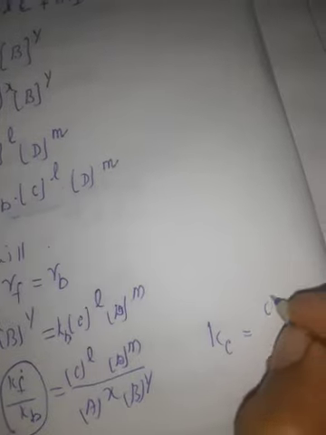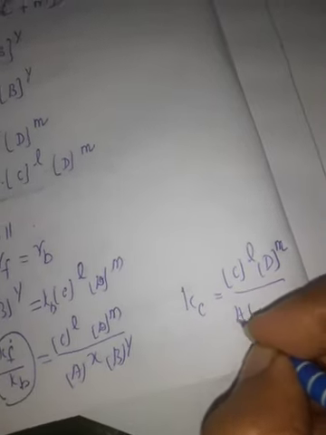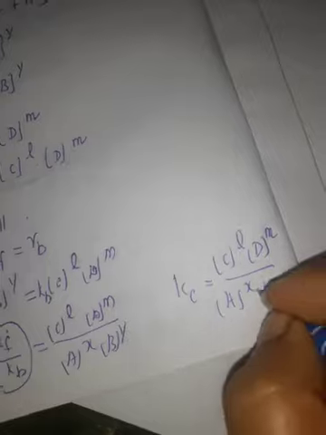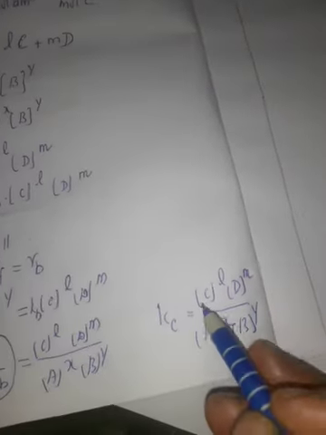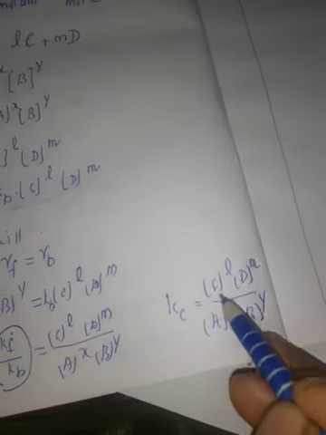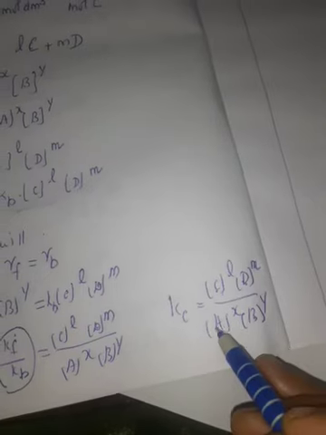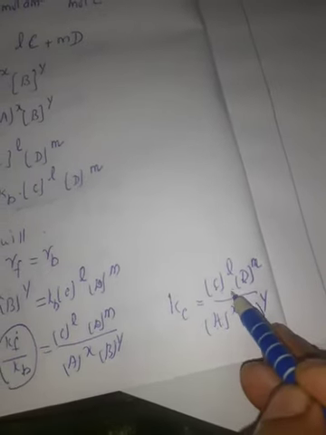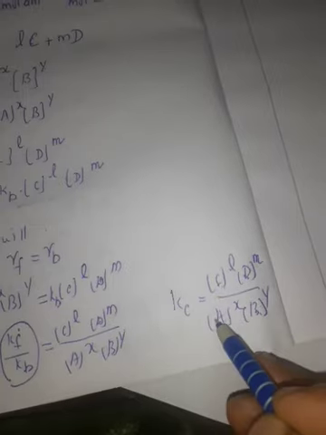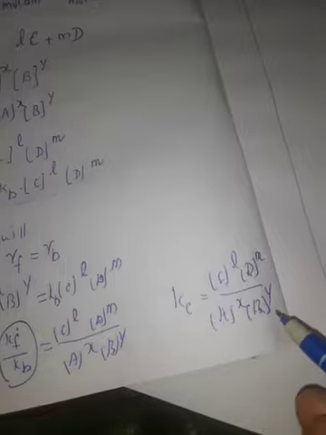Equilibrium constant Kc is equal to [C] power l [D] power m by [A] power x [B] power y. Already you know C and D are products, A and B are reactants. Product of products to product of reactants. Product means multiplication. That is product of products and product of reactants.